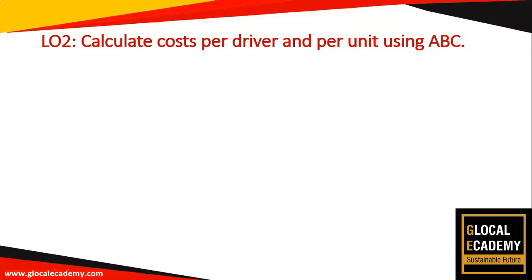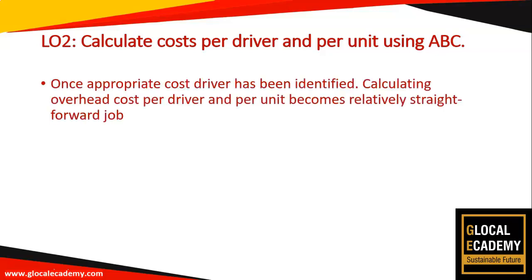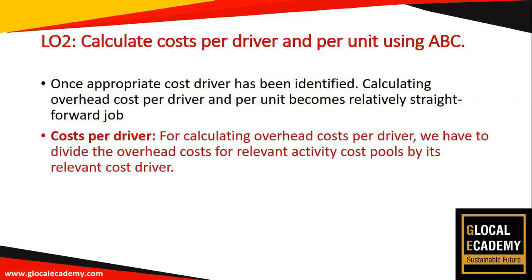Now the second learning objective is to calculate cost per driver and cost per unit using the principles of activity-based costing. Once an appropriate cost driver has been identified, calculating overhead cost per driver and per unit cost becomes a relatively straightforward job.